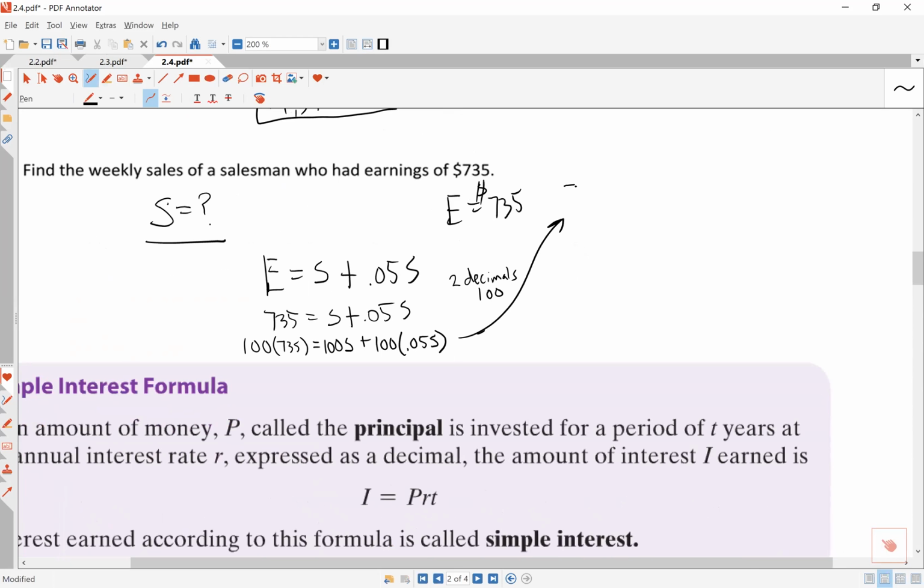100 times 735 is 73,500. 100S plus 100 times 0.05S is 5S. Now that the decimals are cleared, we have 105S equals 73,500. Dividing both sides by 105, we get S is equal to 73,500 divided by 105.